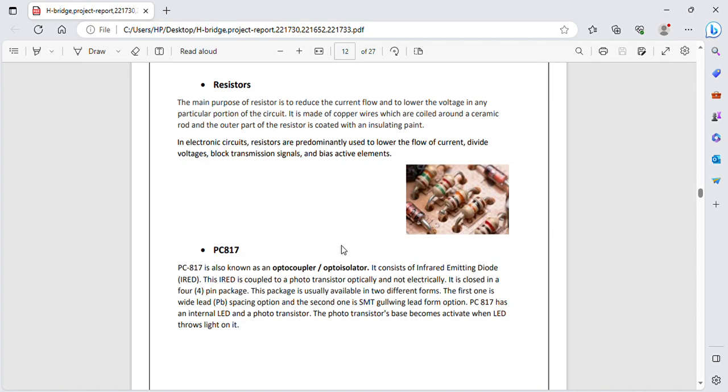The construction of an optocoupler includes an LED and a transistor. When the current flows, the LED turns on and transmits an optical signal to the transistor at its base, and the transistor comes into the on state, which further allows the circuit to work.